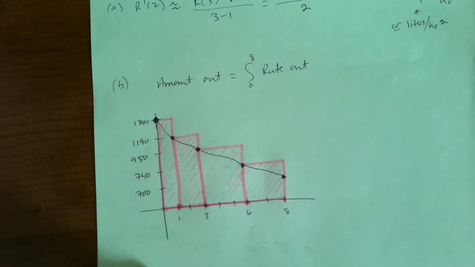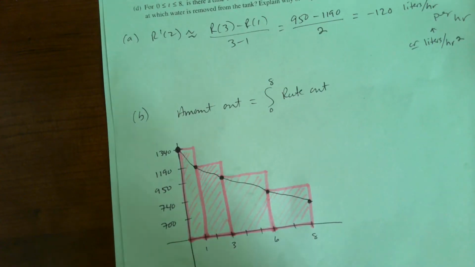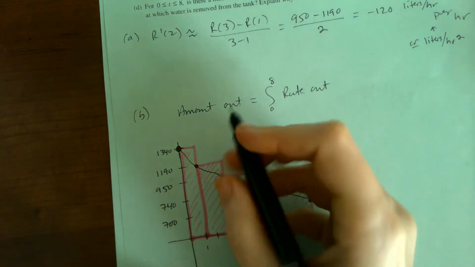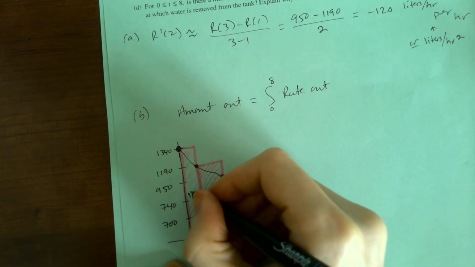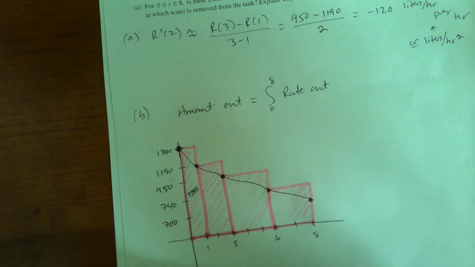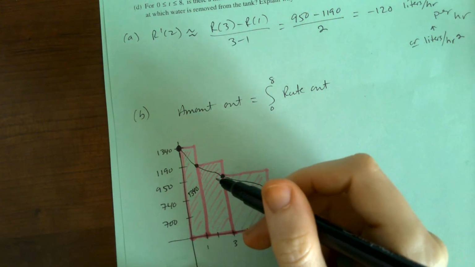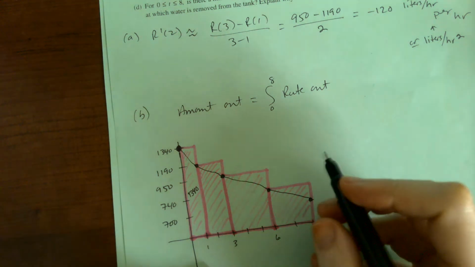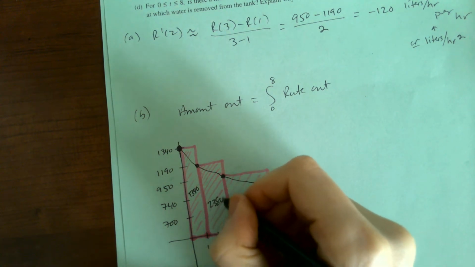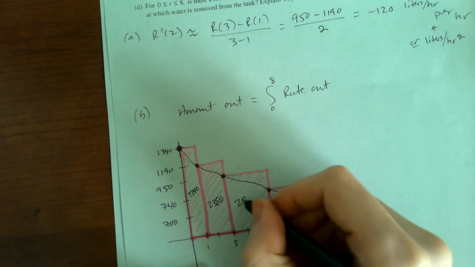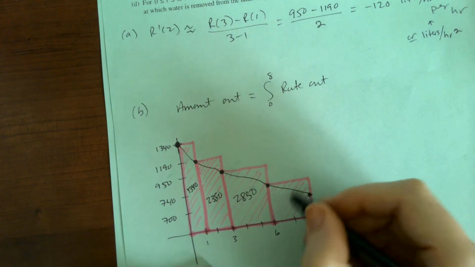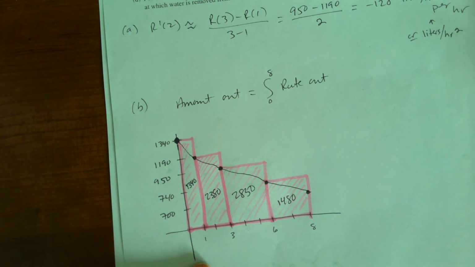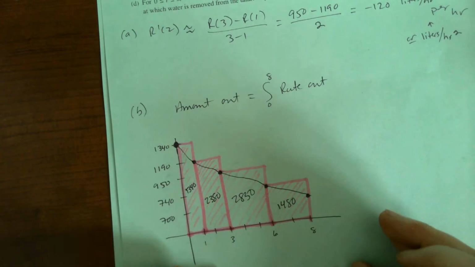All right, now for all of these areas of the rectangles, I'm going to do base times height. So base times height here. And then base times height for the next one is 2380. Base times height for this one, base times height for that one. I already did it.